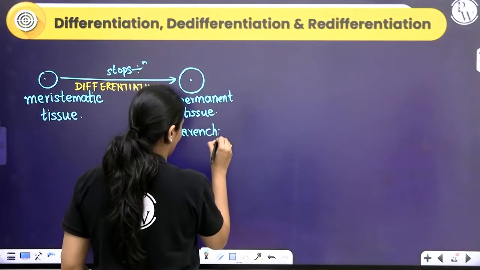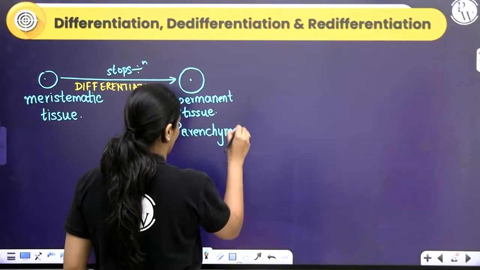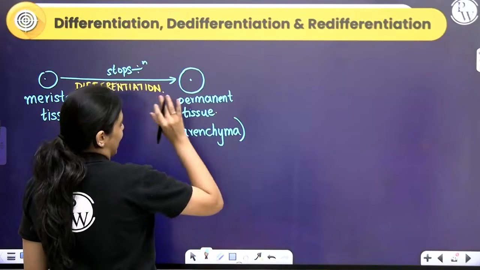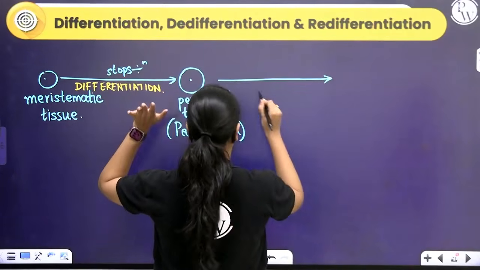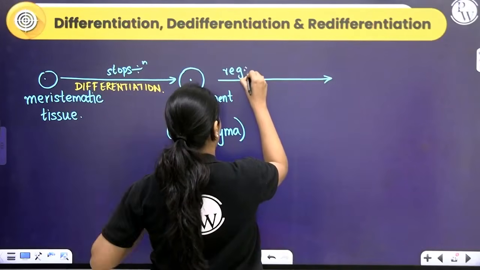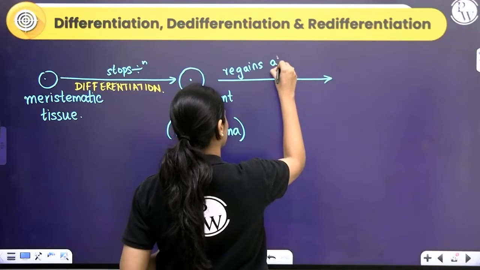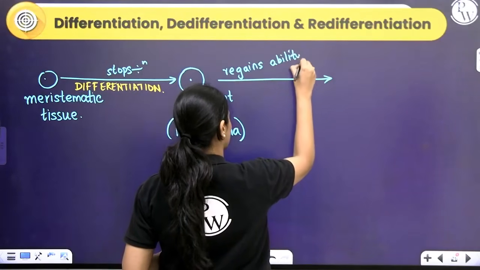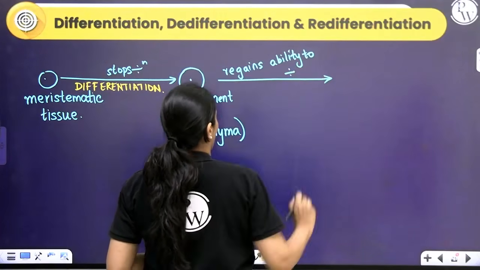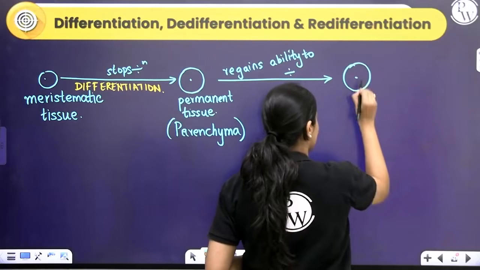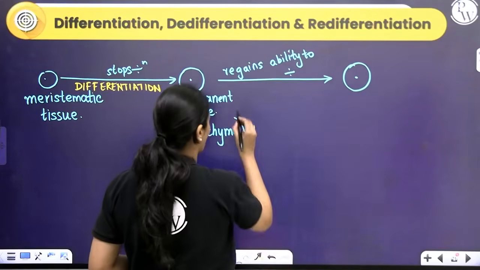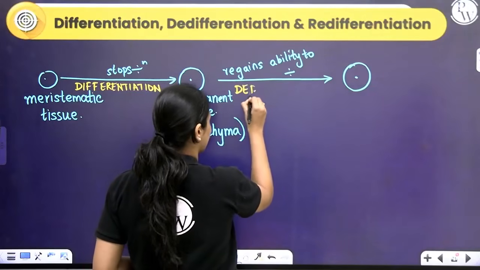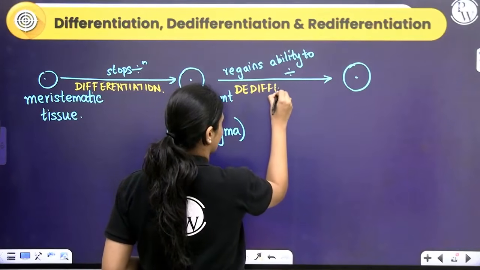Now if a permanent tissue that has lost the ability to divide regains the ability to divide and becomes meristematic again, this process is called de-differentiation.